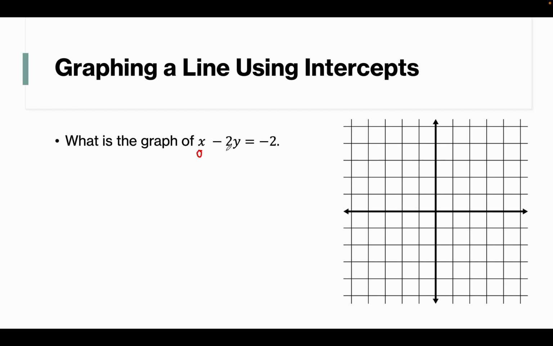I would divide by negative 2. That will go away. Negative 2 divided by negative 2 is 1. So my y-intercept is going to be 0, 1. So I'm going to find 0, 1.